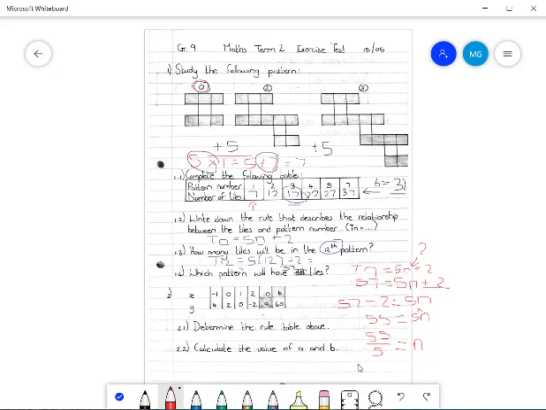So that means that it is the 11th term. So at the 11th term, you will have 57 tiles. Okay, if there was another table here added for the 11th term.